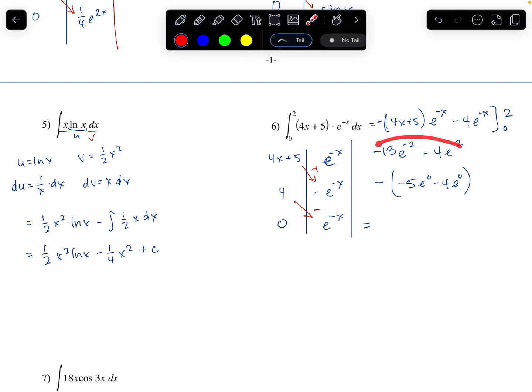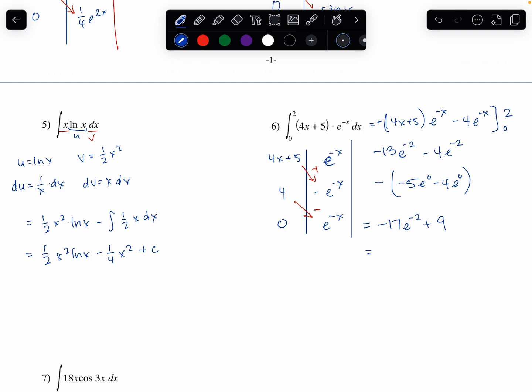So these can combine, and that's going to become negative 17 e to the negative 2, or I guess I can say plus, because this will be minus 9 e to the 0, which would just be minus 9, so plus 9. I think that should be good right there.